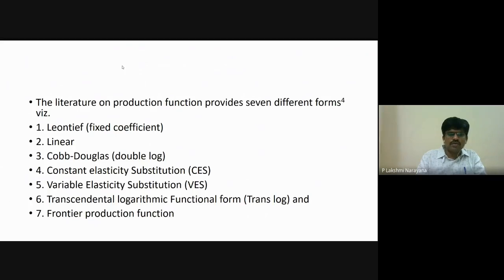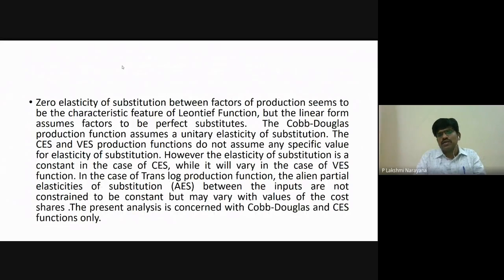Zero elasticity of substitution between factors of production seems to be the characteristic feature of Leontief function, but the linear form assumes factors to be perfect substitutes.